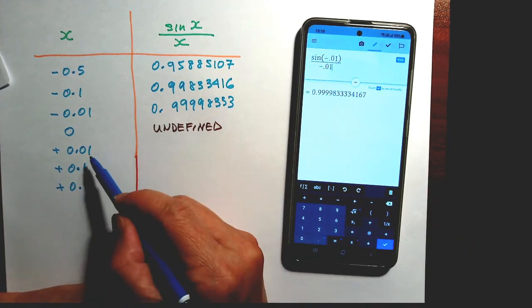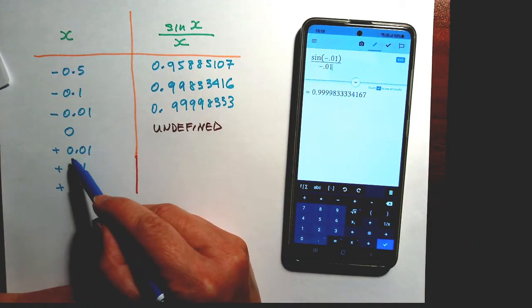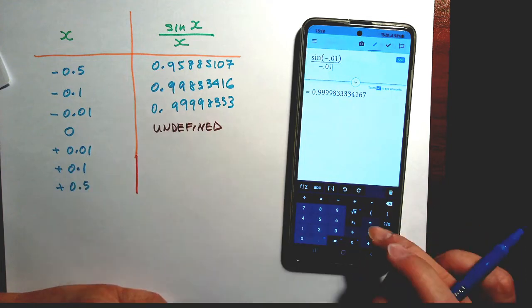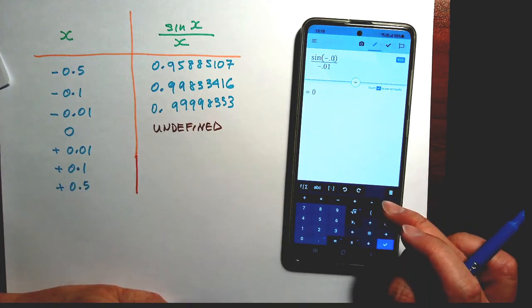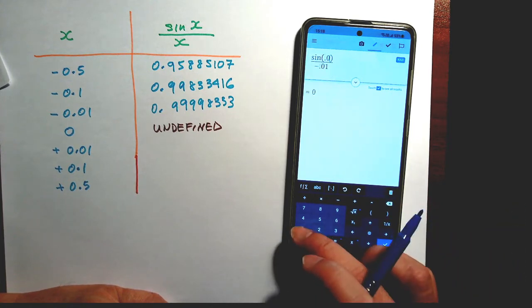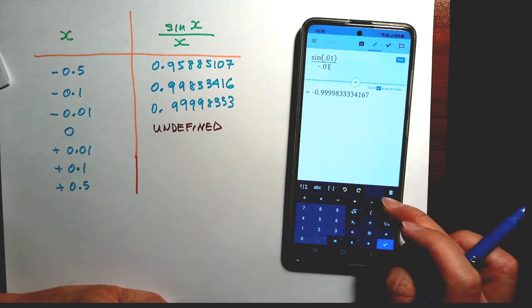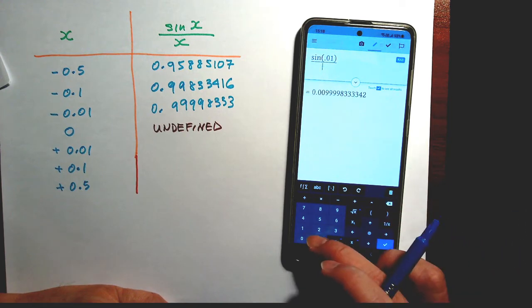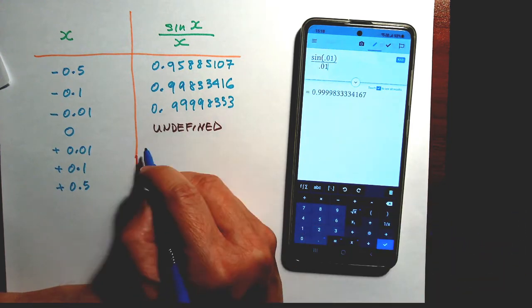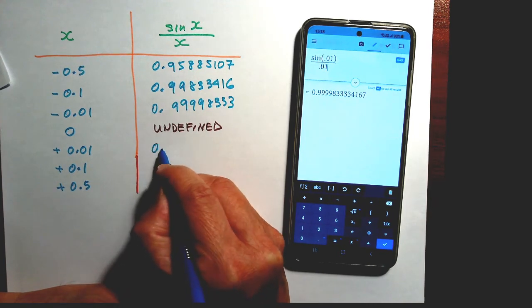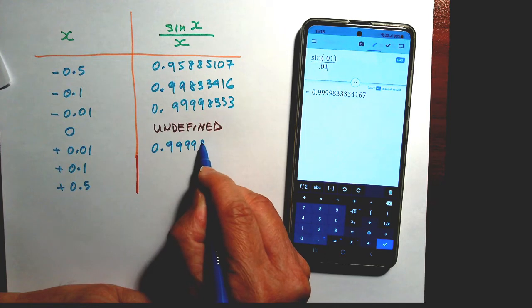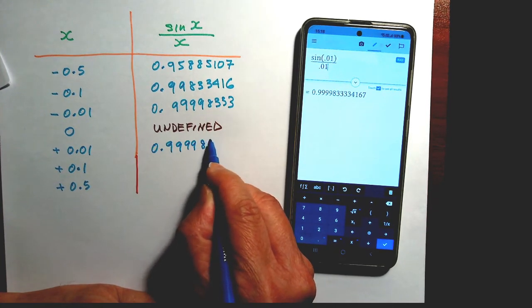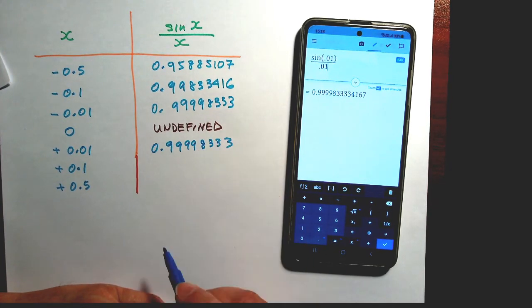Moving on, let's do plus 0.01. So the result would be 0.9999833.